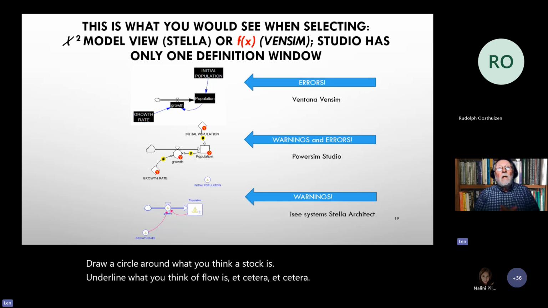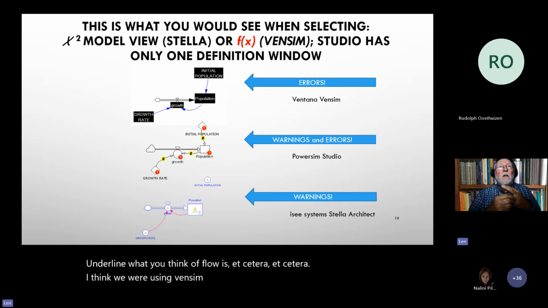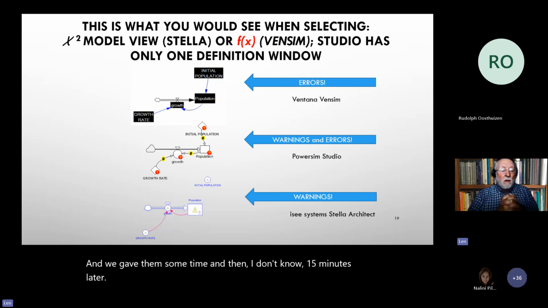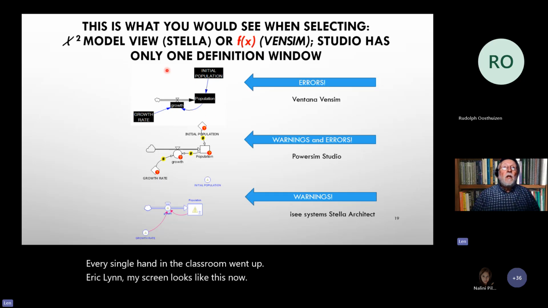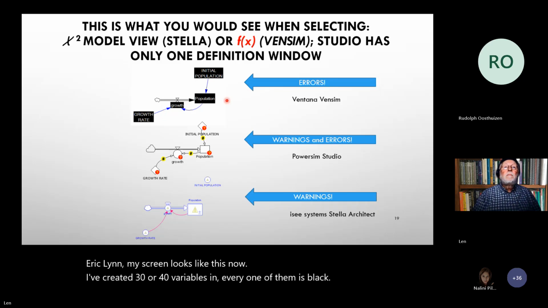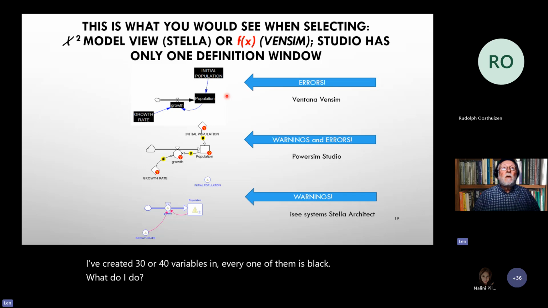They finished it. I think we were using Vensim, if I remember. They opened Vensim and we gave them some time. And then, 15 minutes later, every single hand in the classroom went up. Eric, Len, my screen looks like this now. I've created 30 or 40 variables and every one of them is black. What do I do? Where do I start?